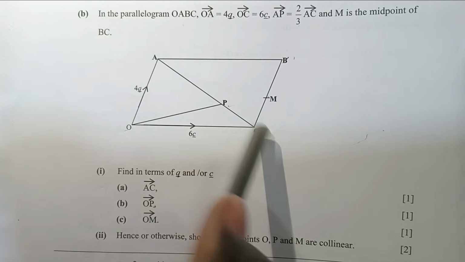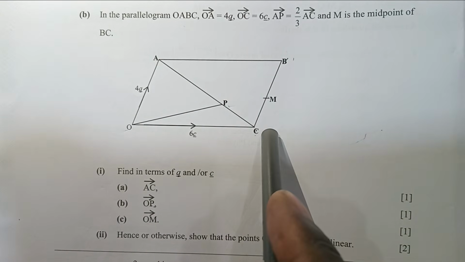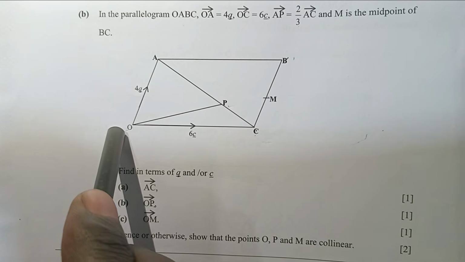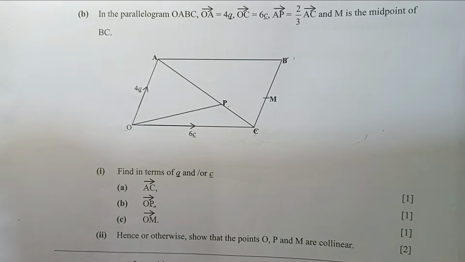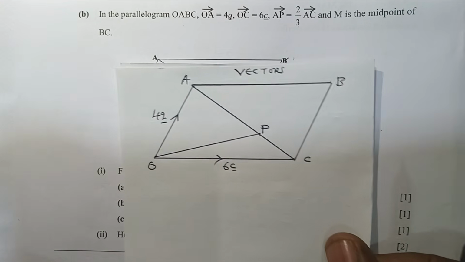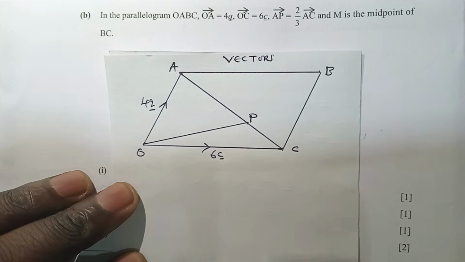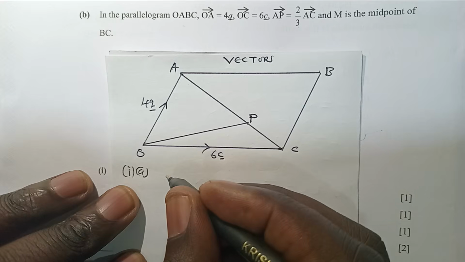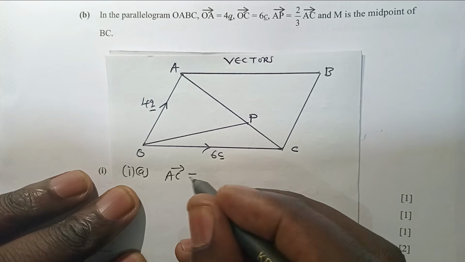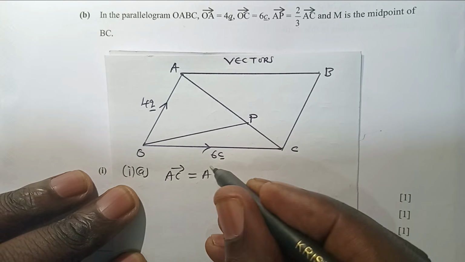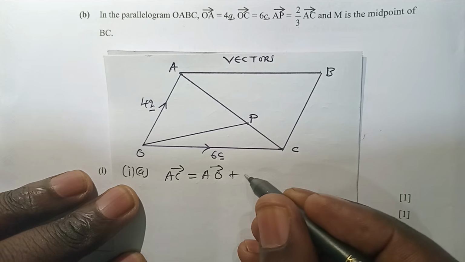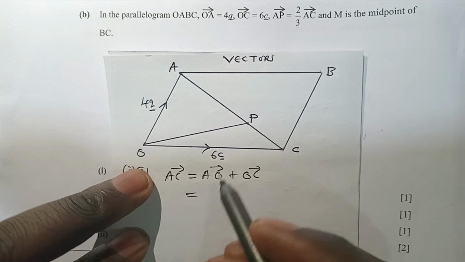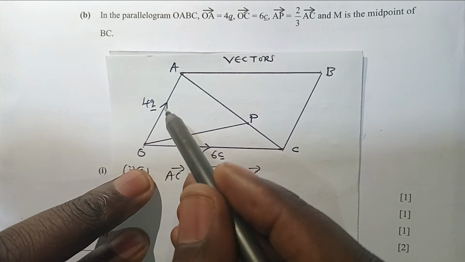So AC, alternatively, can be found by moving from A to O, then O to C. The diagram has been redrawn here for demonstration purposes. So we are saying the vector AC is equal to AO plus the vector OC, okay? As we move from A to O, we need to consider the direction.